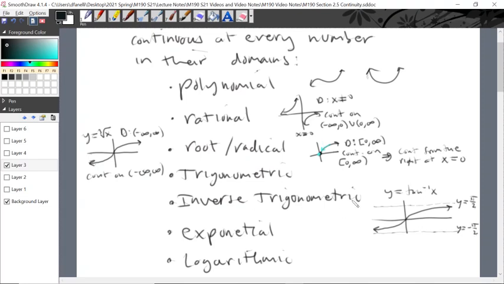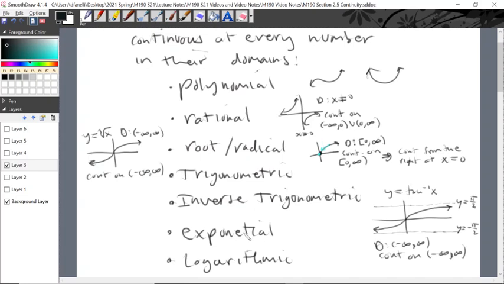But the arctangent function is continuous on its domain. Its domain is negative infinity to positive infinity. It's the range that is restricted here. But the domain is negative infinity to positive infinity, and it is continuous on its own domain as well.